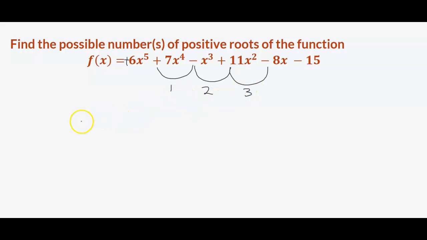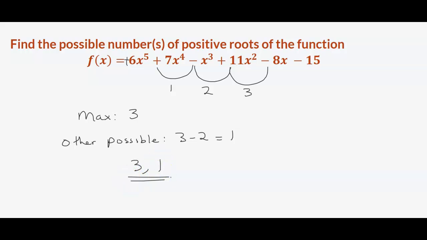So what we're going to see here is that the maximum number of positive roots of this function is going to be 3. The other possible number of positive roots will be 3 minus 2, which is equal to 1. So the possible numbers of positive roots are 3 and 1.